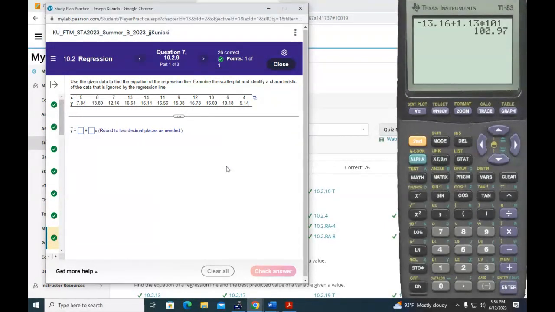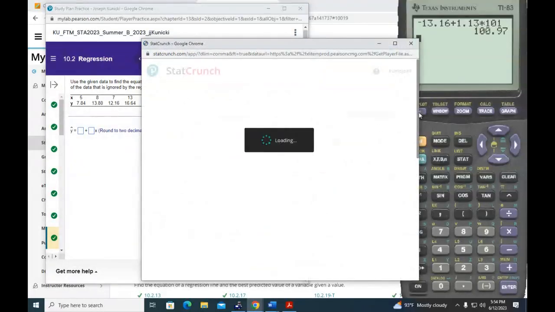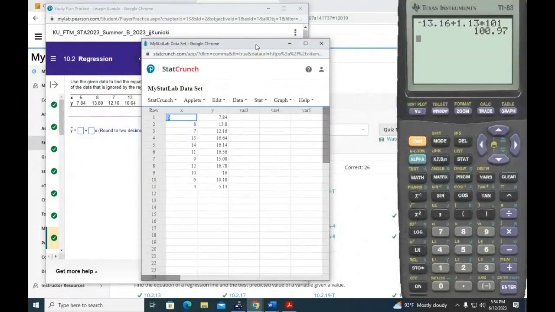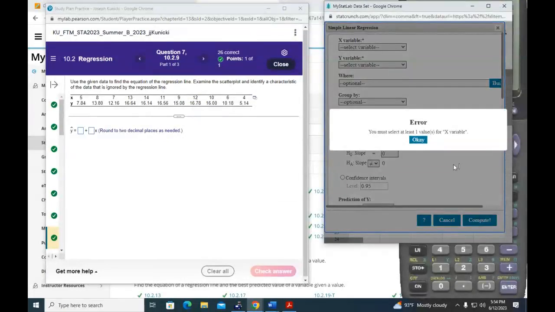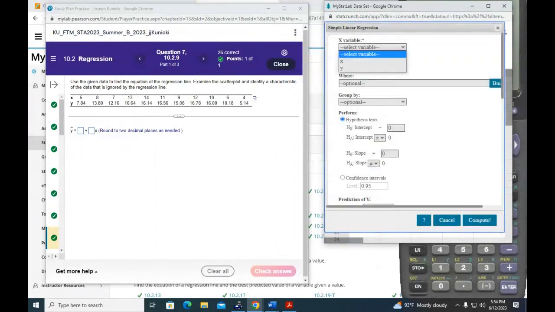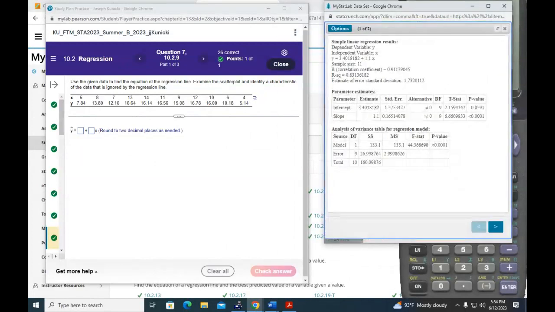All right, so use the given data to find the regression equation. Now what I do is I open the data in StatCrunch, and we're going to generate the equation like we did before. So I just do stat, regression, simple linear, compute. Oh, I forgot to select it. X, Y, compute. All right, so the regression line, they say 2 decimal places.